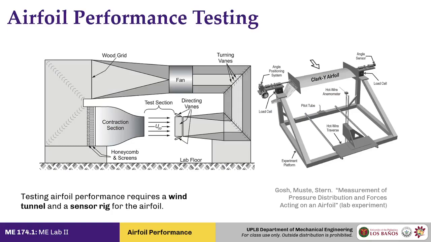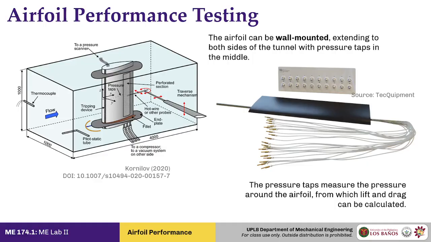So essentially, your test section is closed off, or you can have something like this. You have a rig. You can place this in an open test section of a wind tunnel, and it will basically record data as the fluid flows. There might be some differences in what this records, but we will not discuss those differences now.